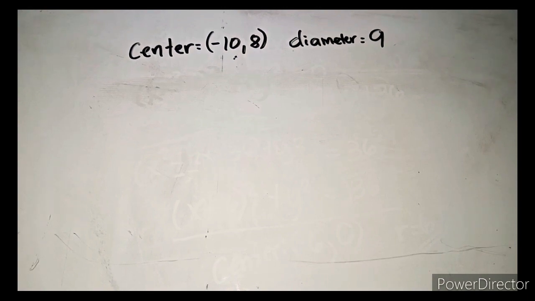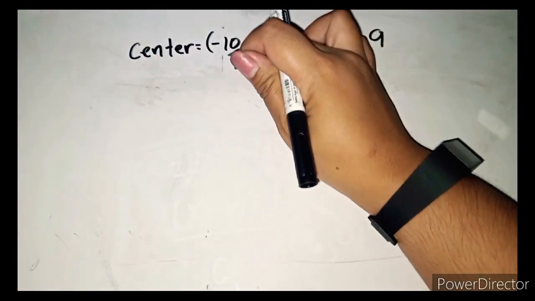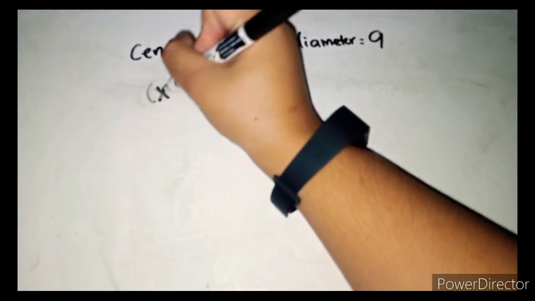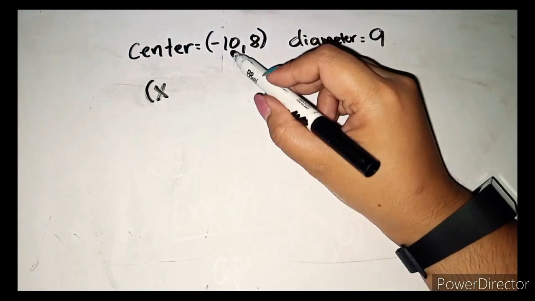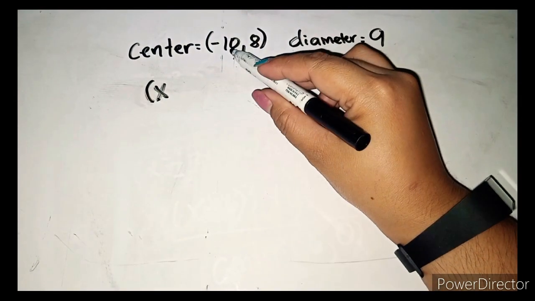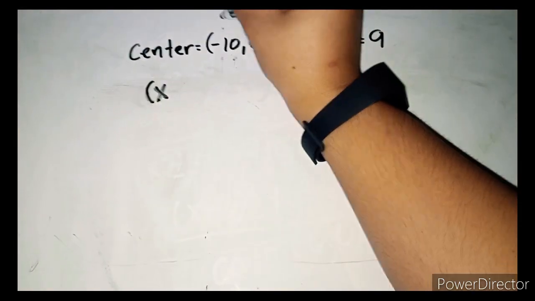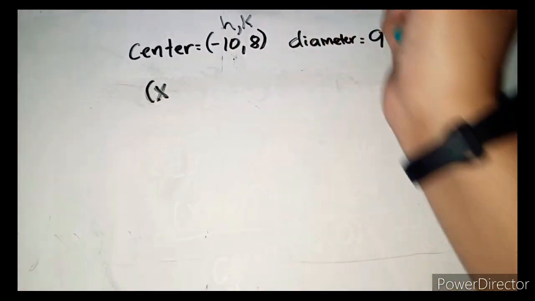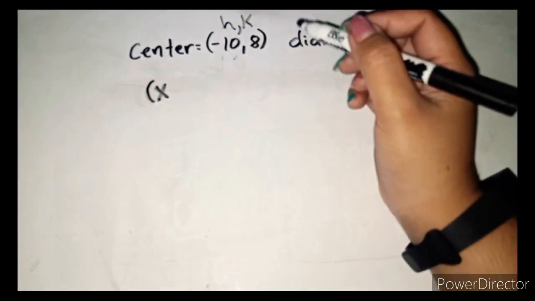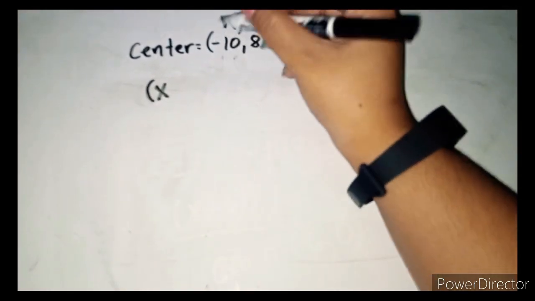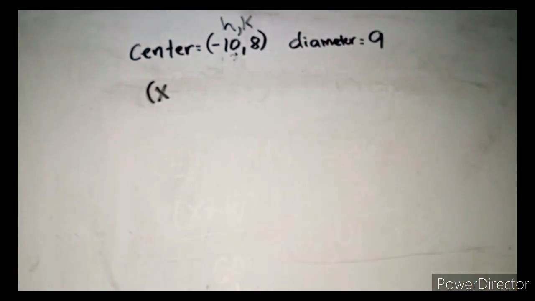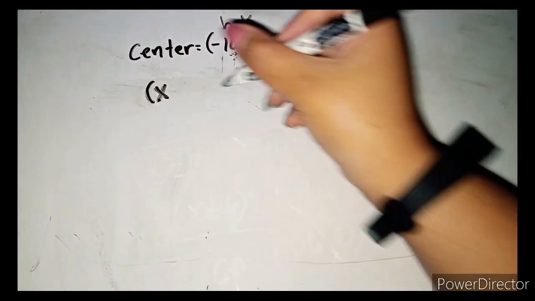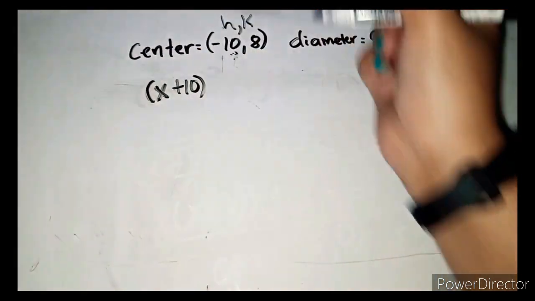Okay? So, first, dito tayo sa center natin. Unahin natin si x. Si x, ang laging kasama ni x ay yung h. So, for sa center natin dito, ang h natin ay ito. Okay, so h and k kasi yan, di ba? Ang laging kasama ni h ay si x. Then, negative 10 to, syempre opposite. Pag ibinalik natin yan sa loob, from negative 10, magiging positive 10 yan.